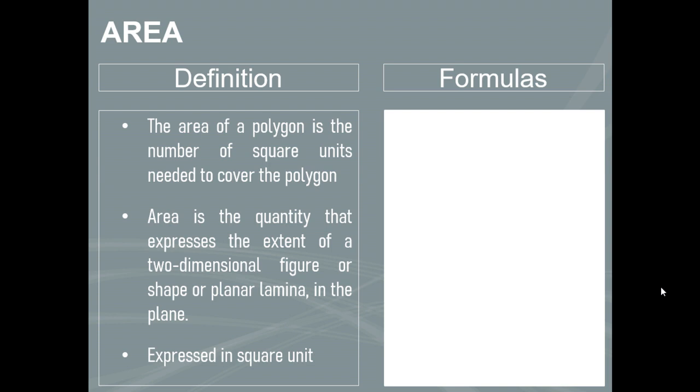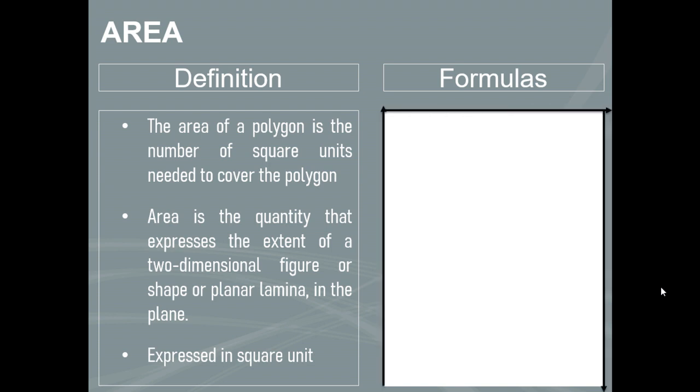Now, as a visual presentation, the perimeter would be like this. This side, plus that side, plus that side, and lastly, that side. If you add them, that will be the perimeter. Meaning, it is just the measurement around the surface.